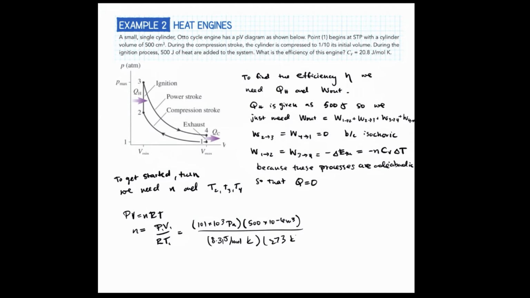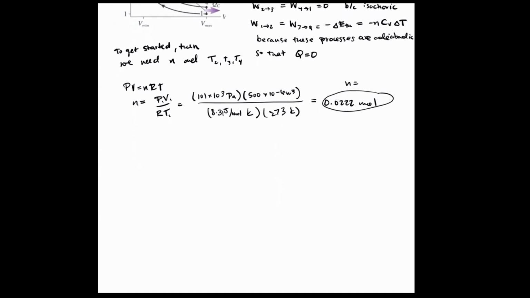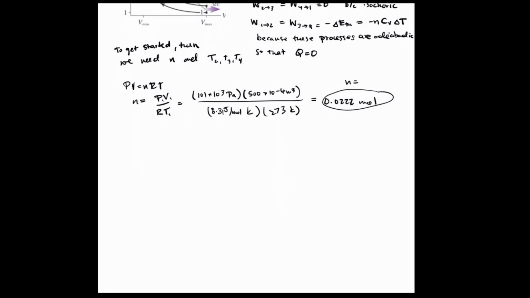And then we have our constant R, that's 8.31 joules per mole Kelvin, and then our standard temperature, which is 273 Kelvin. So this gives us 0.0222 moles, and we're going to start there.